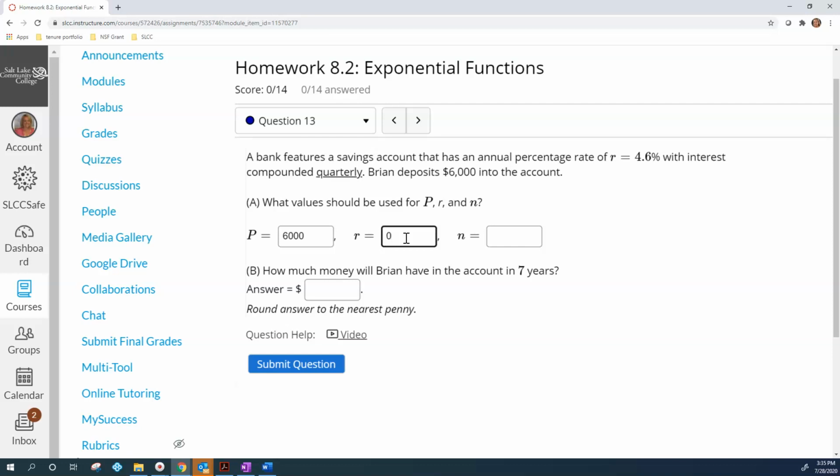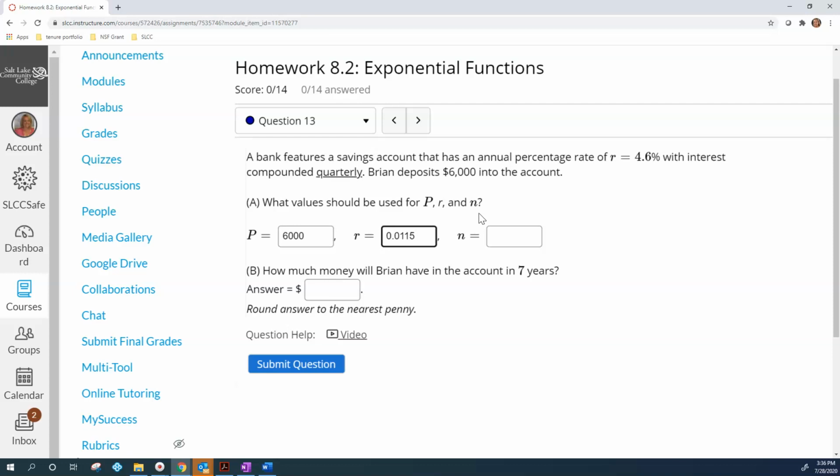So is that making sense, what I'm saying there? Whoops, did I forget a 0? I did. All right, so I just took this percentage, changed it to a decimal, and then divided it by 4 because it was quarterly. If it was monthly, I'd divide it by 12. If it was daily, I'd divide it by 365, okay?